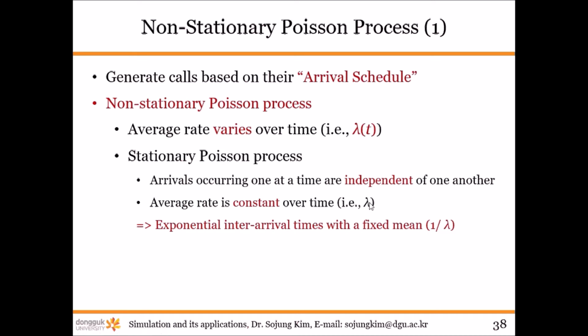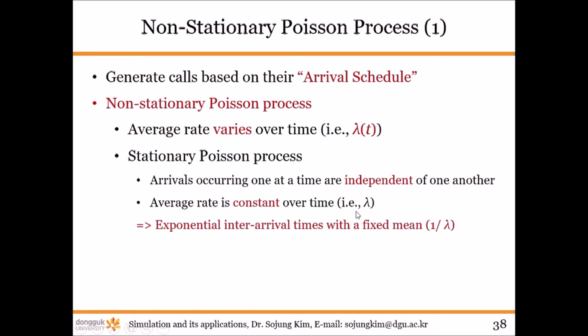So let's look at the stationary Poisson process. In this case, arrivals occurring one at a time are independent of one another. Okay, that's a stationary Poisson process. The average rate is constant over time. That's why we use a single lambda value.